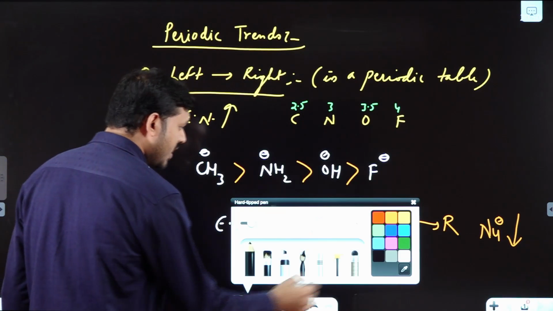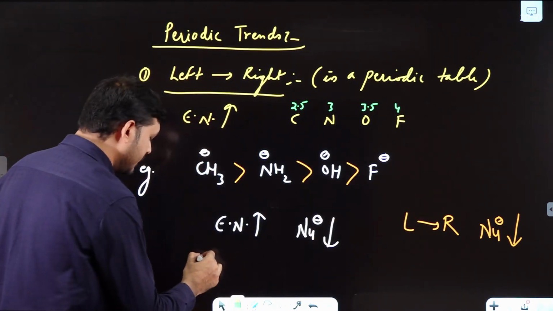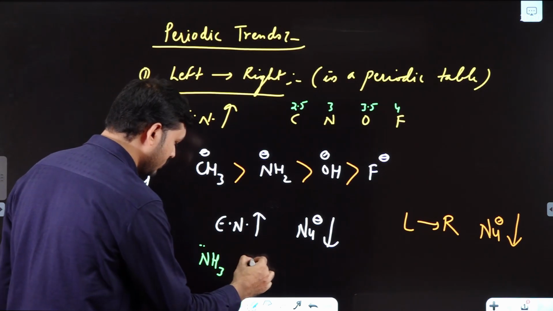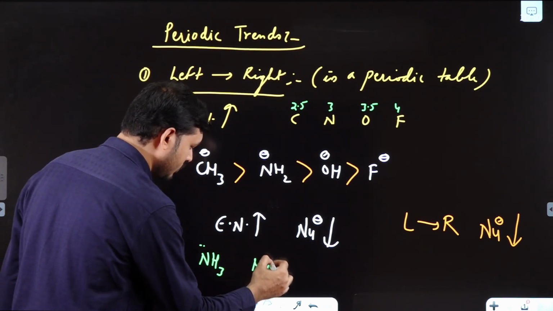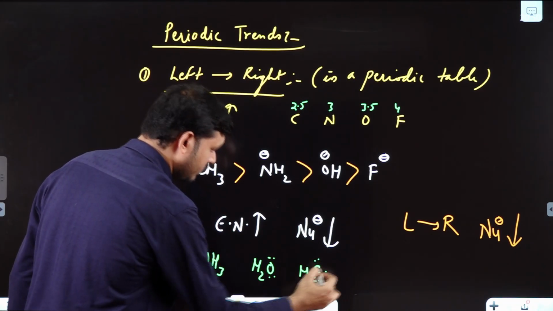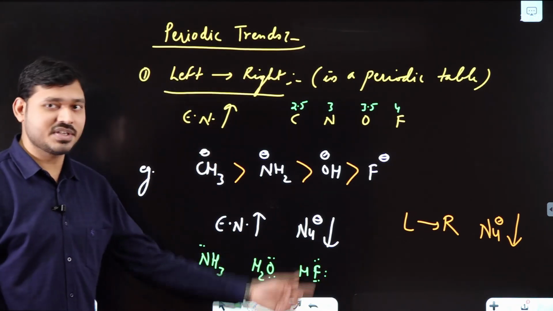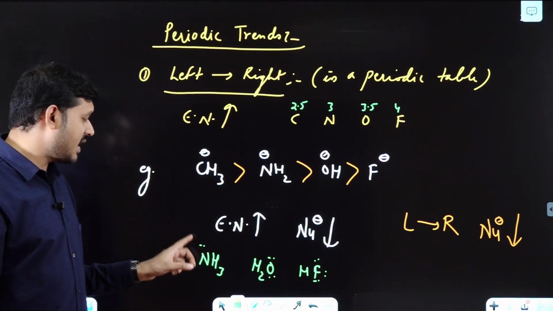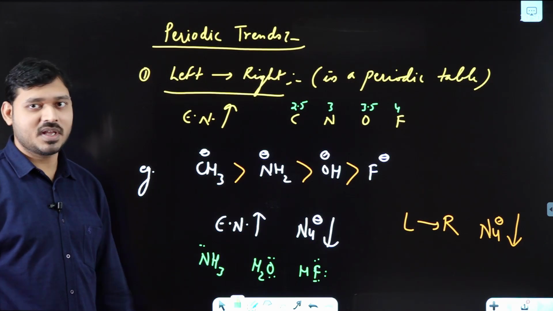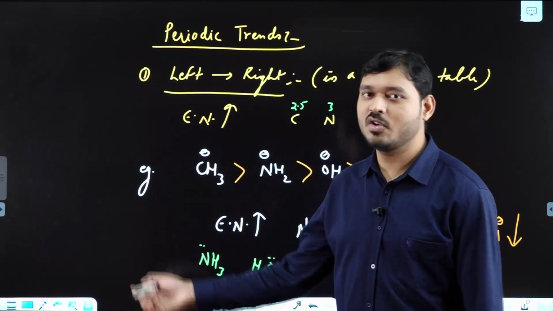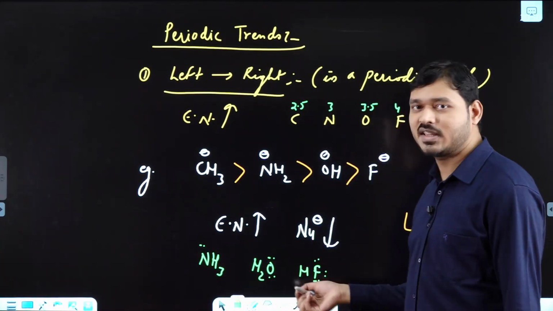If I have to take one more example, I can say NH3, H2O, HF. Now dear students, simply you can understand here, it has one lone pair, two lone pairs, three lone pairs. Now sometimes what comes to the mind of a student is, sir, this has one lone pair, this has two lone pairs, this has three lone pairs.